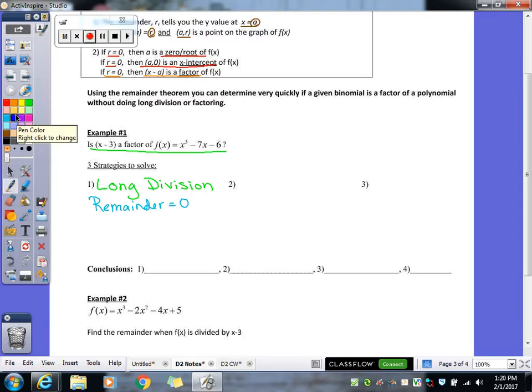The second way we can do it is what we were just doing on our last page of synthetic division. And again, if your remainder is a 0, then yes, it is a factor.